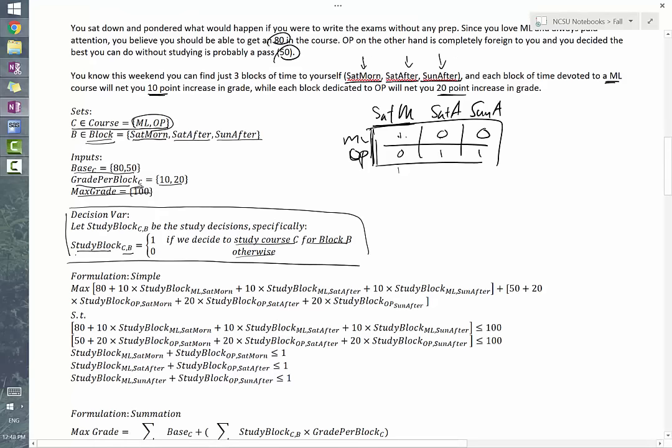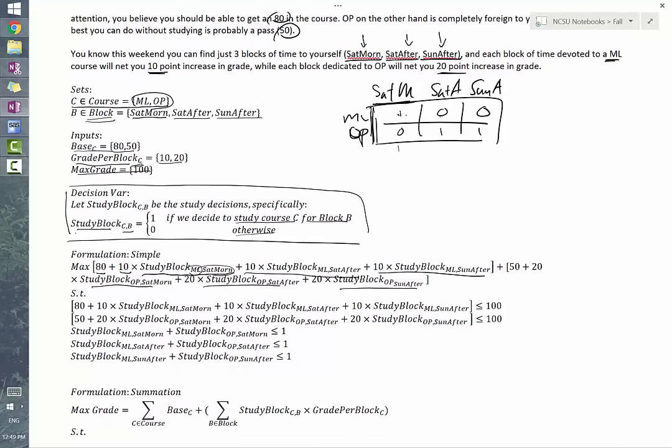We want to maximize grade, which is 80 plus 10 times 2 multiplied by the choice of studying ML on Saturday morning. If we study ML on Saturday morning, this will be equal to 1, so you essentially add 10 to your grade. Otherwise, this will be equal to 0, so you will be adding 0 to your grade. Similarly, here are the 3 decisions you make about ML on the 3 dates. And here are the 3 decisions you make about OP on the 3 days.